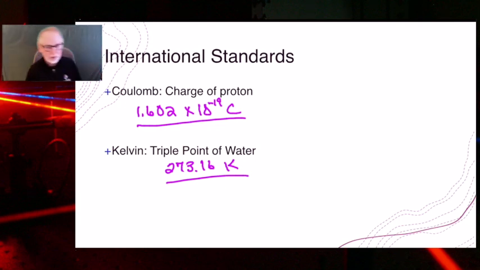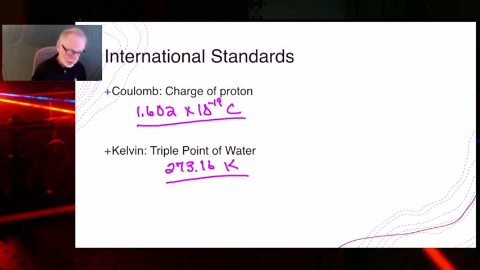Exactly what the triple point of water is, it's essentially a point at which water vapor, solid water ice, and liquid water all exist at the same time. And so the magnitude of the Kelvin degrees is defined in such a way that it's 273.16 kelvins. So that is how these standards are defined.